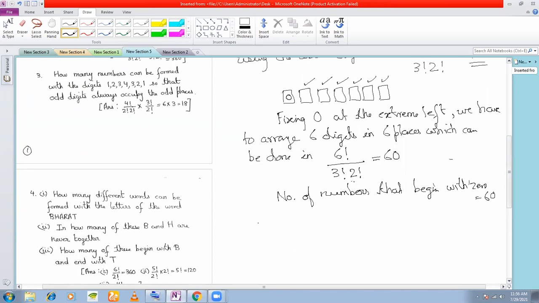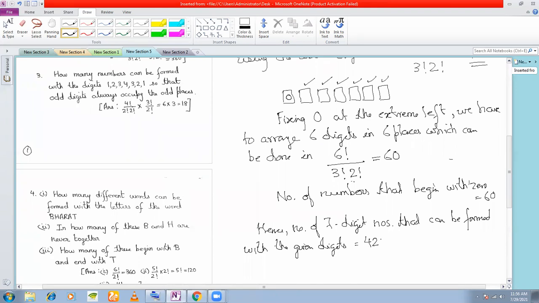Hence, the number of 7-digit numbers that can be formed with the given digits is equal to 420 minus 60, which is 360. That's it.